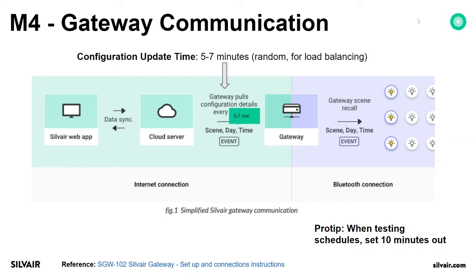Here's the presentation of gateway communication. The most important thing to note is how long it takes for the gateway to upload the configuration for schedule or monitoring to the cloud and to the mesh network: 5 to 7 minutes. It's really random.